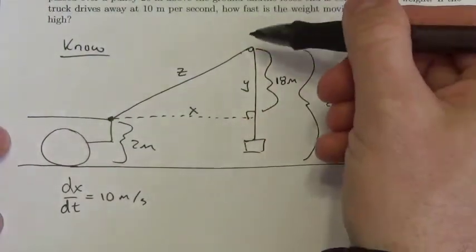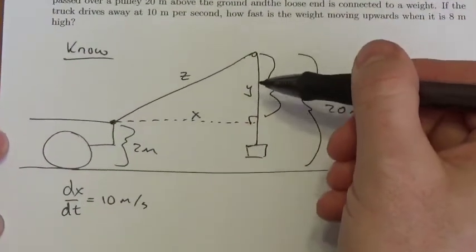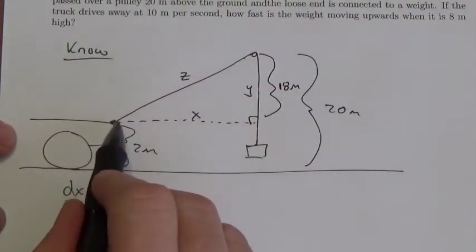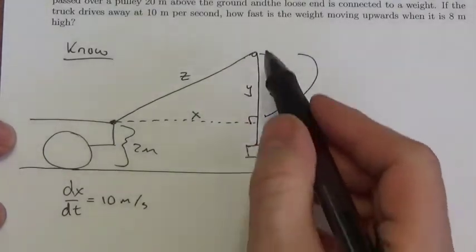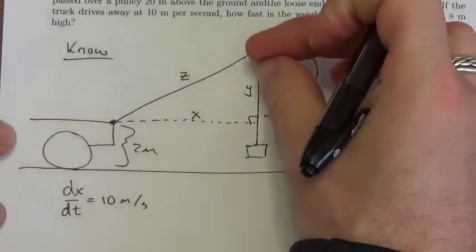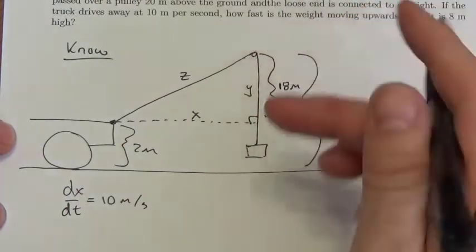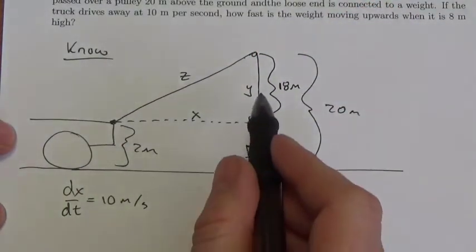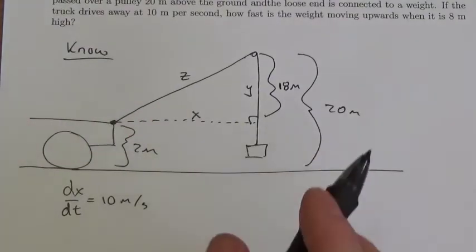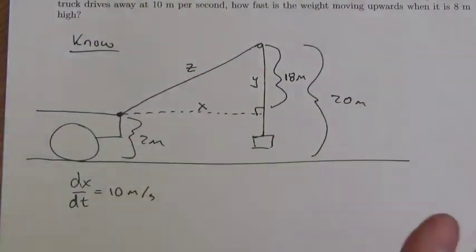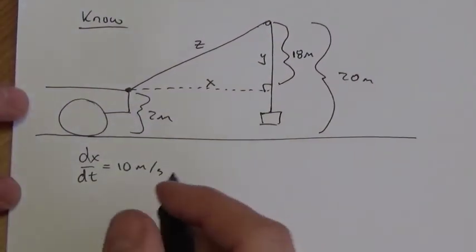The distance between the pulley down to that horizontal line where the rope is tied on is never going to change, because I'm not measuring the distance to the weight. I'm only talking about this right here. How do I talk about the weight flying up? This is the brilliance of this particular question. Whoever came up with this question, it really is a good one.